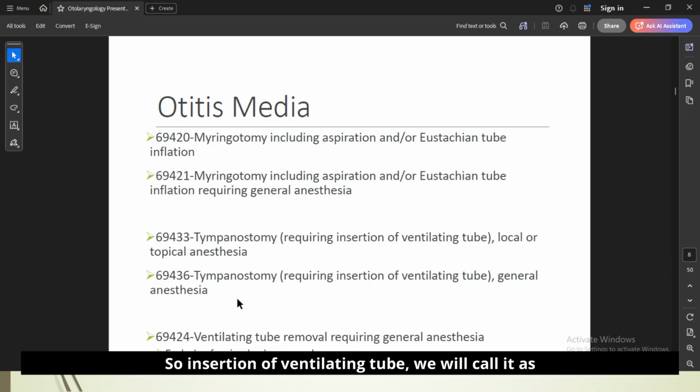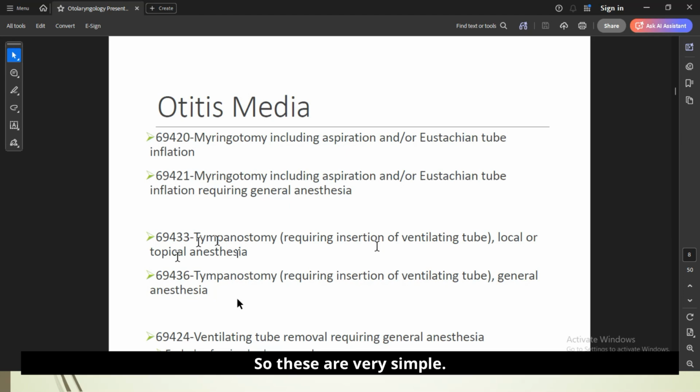So insertion of a ventilating tube, we will call it tympanostomy. So 69433. If the documentation contains local or topical anesthesia, we will code 69433. If the documentation contains tympanostomy with insertion of ventilating tube with general anesthesia, 69436.